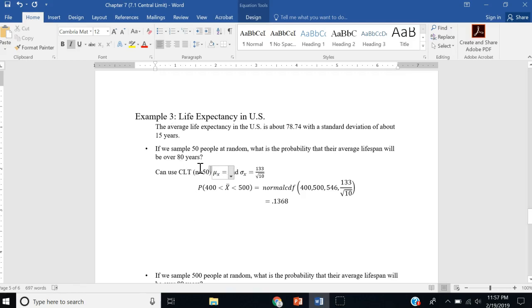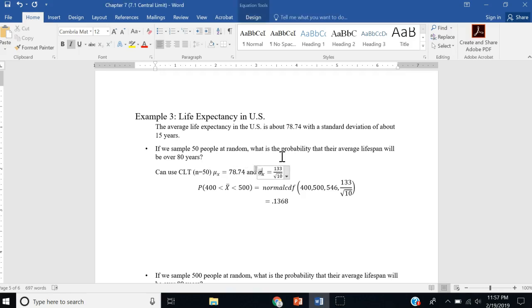So we take a sample of people and we're saying what's the probability that that sample's average lifespan is more than 80 years. So a sample of 50 people. Well, all samples of size 50 are going to have an average, which is 78.74, our original average.